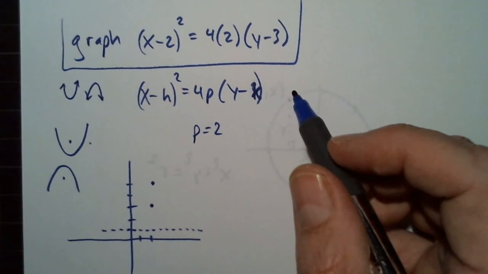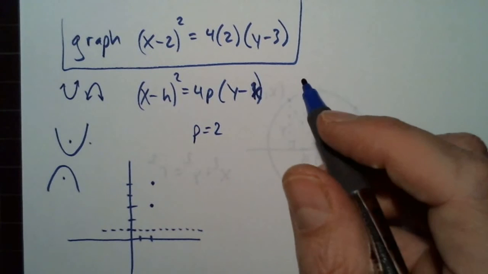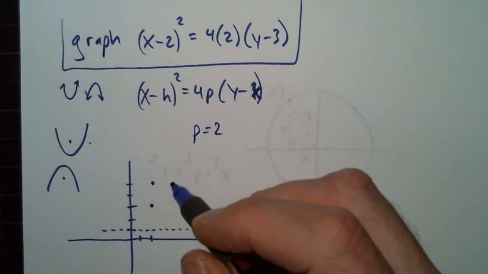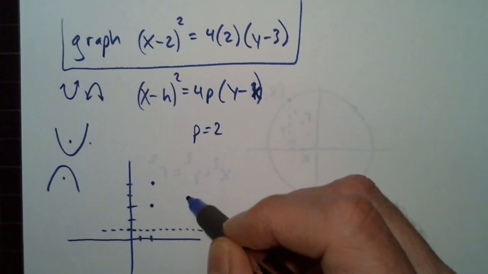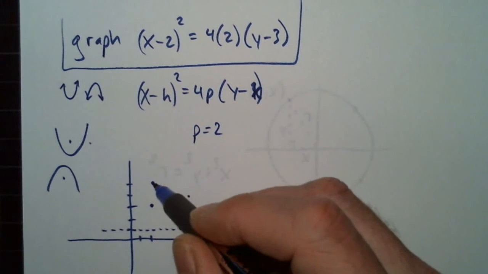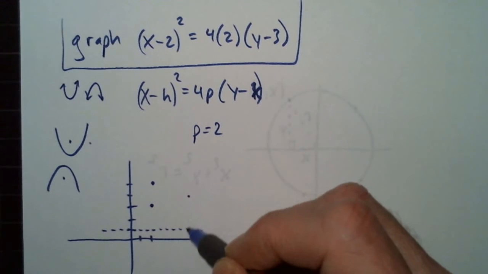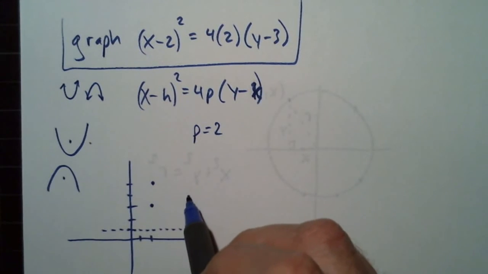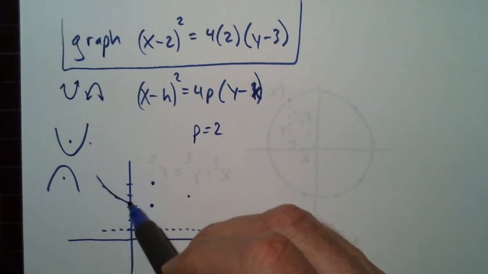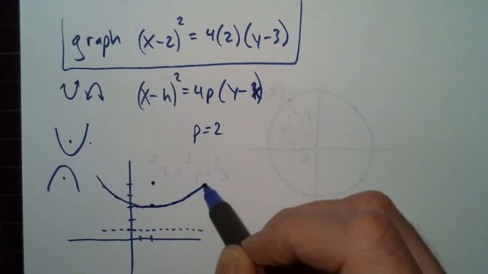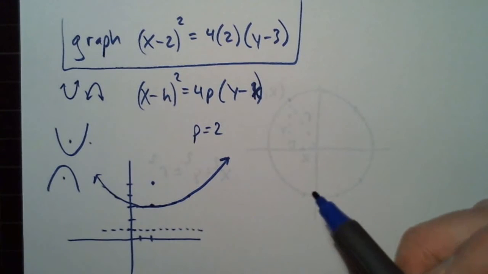And then from there we can estimate the shape of the graph, where we're trying to get a point equidistant from the focus and the directrix. If you estimate one on that side, we get one on this side, then we can draw the parabola.